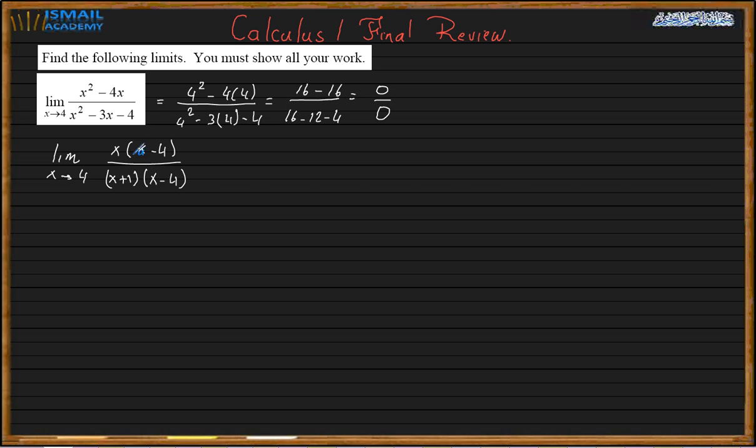Now I cancel x minus 4, so we end up with the limit of x over x plus 1 when x goes to 4. Next I substitute x by 4, so it's 4 over 4 plus 1, which is 4 over 5, and this will be your limit.